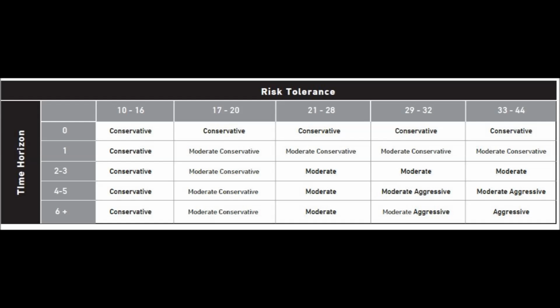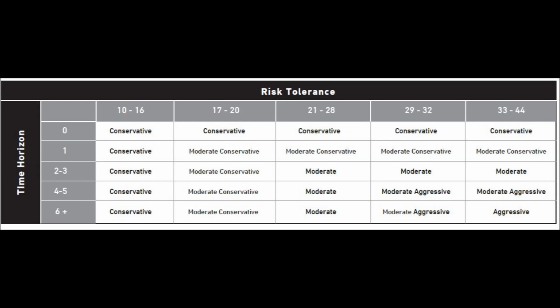So for example, if you scored 4 to 5 on the time horizon, then on the left-hand side you can see the time horizon label, and there's 0, 1, 2 to 3, 4 to 5, and 6 plus. These are all the years of your time horizon. So if you scored 4 to 5 on your time horizon from the answers of questions 2 and 3, then you belong on that line item.